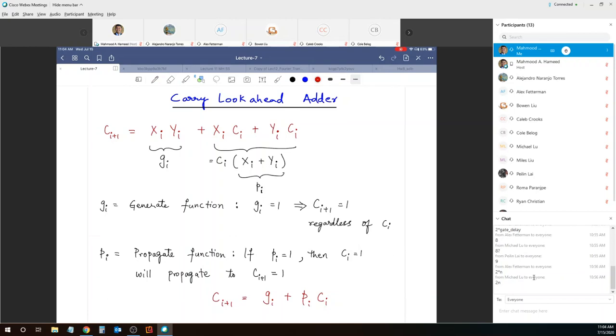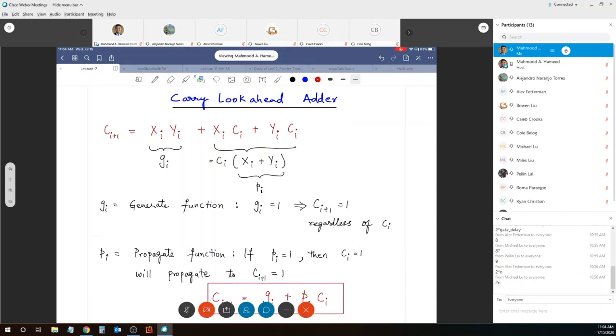Do you guys agree with this so far? I just defined g and p as generate and propagate functions because of the role they play in the expression for c sub i plus 1.